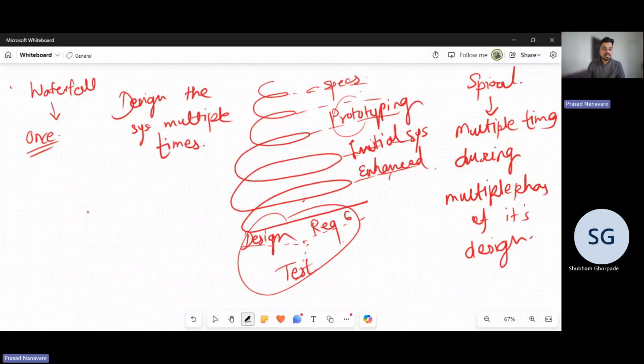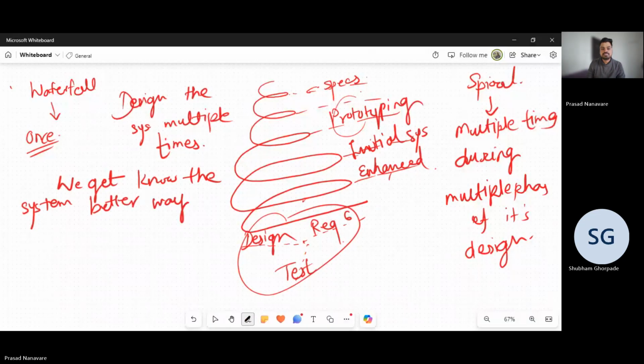The benefit of this is that we get to know the system in a much better way, because we are designing the system multiple times. Basically, the methodology followed during the design is successive refinement.